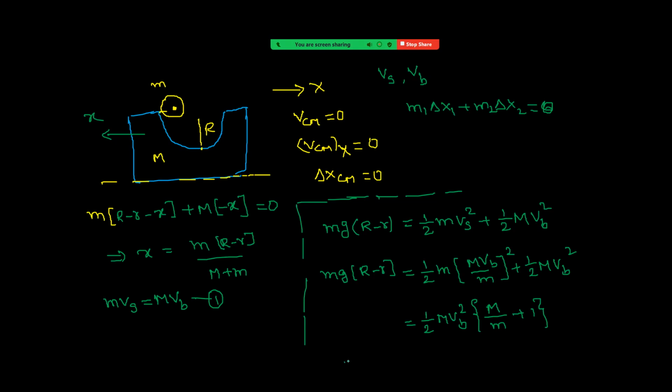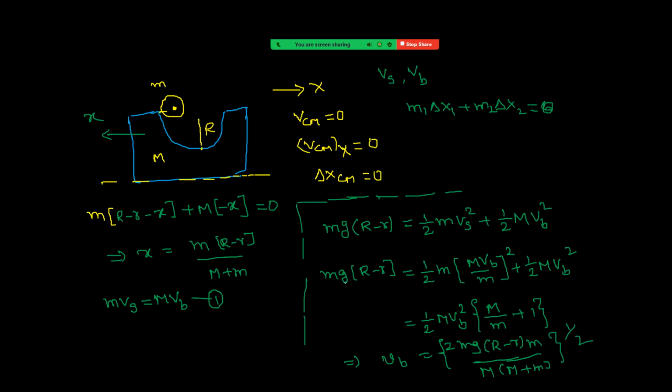Now from this we can get directly Vb equal to 2 mg (R minus r), and having here one more small m, upon capital M into (M plus m), whole power 1 by 2.